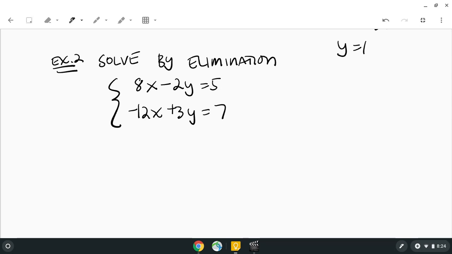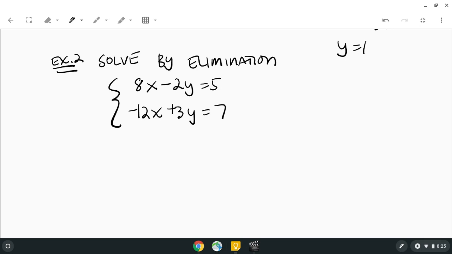The only way I can eliminate them is if they have the same number but opposite signs, like a 5x and a -5x, or a 7x and a -7x, or an 8y and a -8y, or an 11y and a -11y. I don't have that here. So what you have to do is make them the same number, opposite sign. So what you can do here is choose what you want to eliminate, x's or y's. I usually go for the smaller.